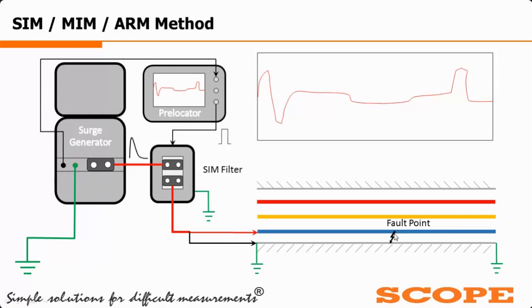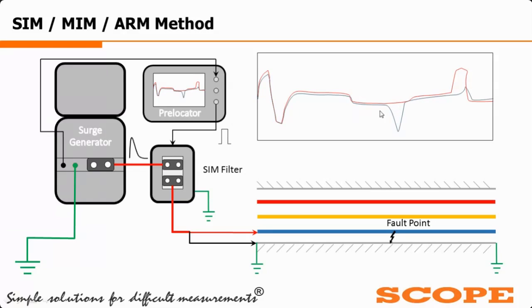At the same time the prelocator will again send a TDR pulse, so that this TDR pulse will travel back from this momentary short circuit, or momentary arc produced at the fault point, and this TDR pulse is again returned to the prelocator instrument, and it is plotted on the prelocator screen.